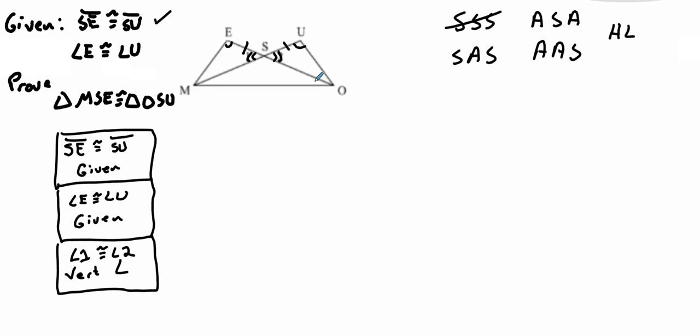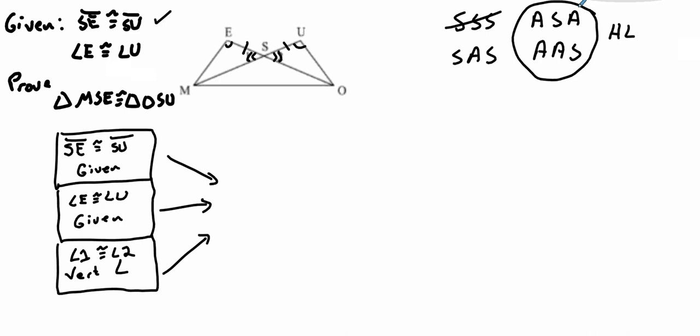So now I'm looking at this little triangle on the right and this little triangle on the left, MSE, OSU. Are they congruent? Well, I've got a statement about sides and two statements about angles. I'm probably going to be in one of these here.